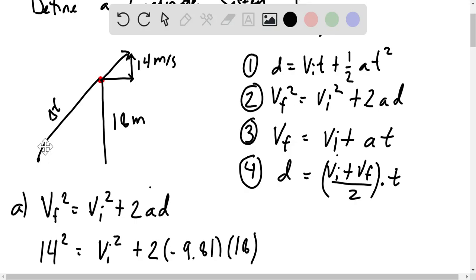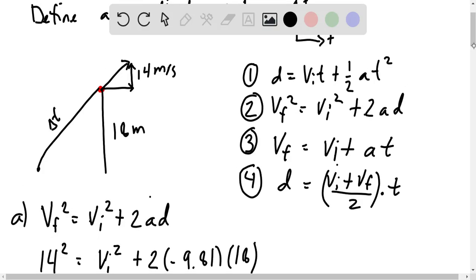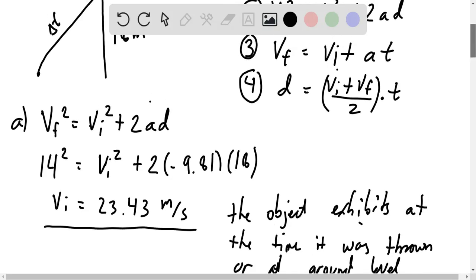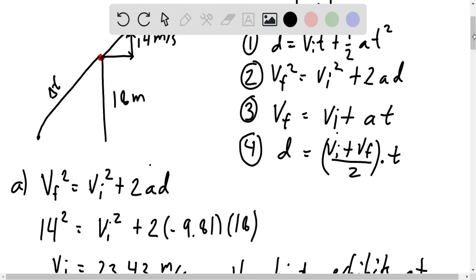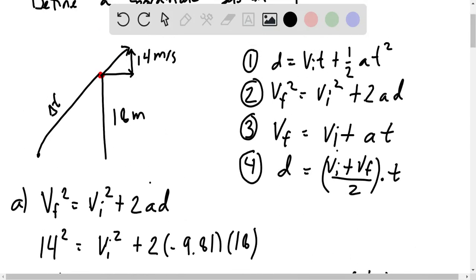Or we can instead say that the initial velocity in the vertical direction is equal in magnitude to the velocity in the vertical direction when it reaches the ground. And so we're going to use the second method. And so we know that VI is 23.43 meters per second, as we determined in part A. We know VF now is the same when it reaches the ground.